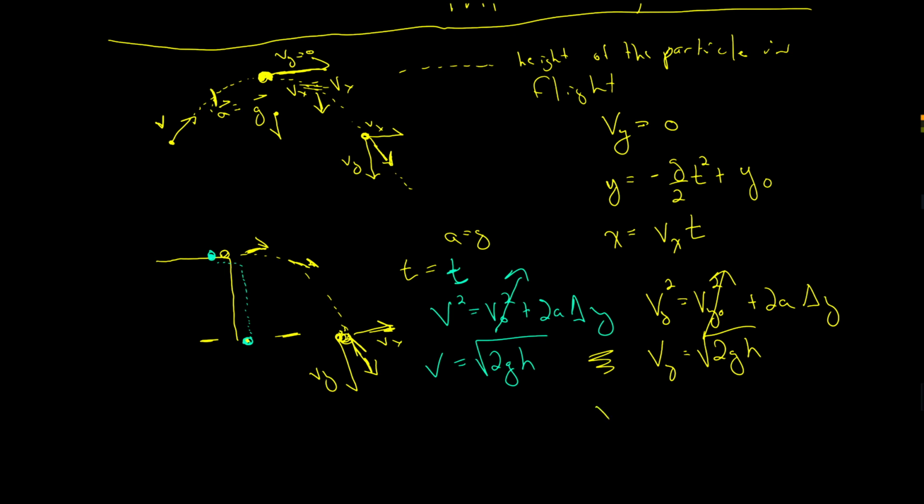So the magnitude of this velocity is going to be the square root of vy squared plus vx squared. While the magnitude of the green one is going to be this v squared, because that's its y component, but it has no x component.